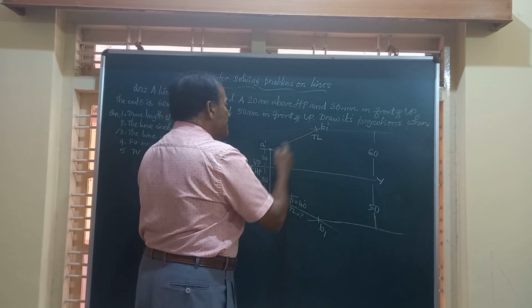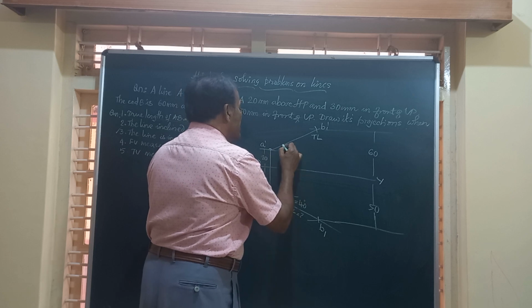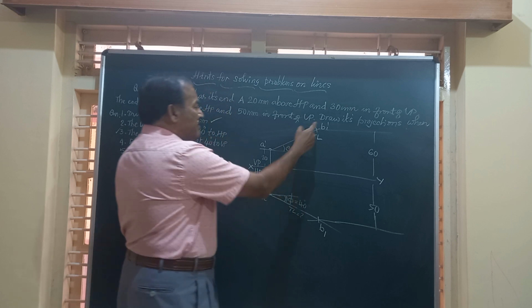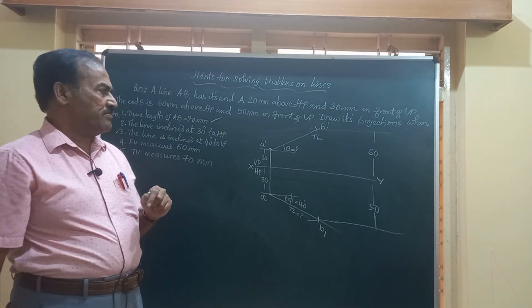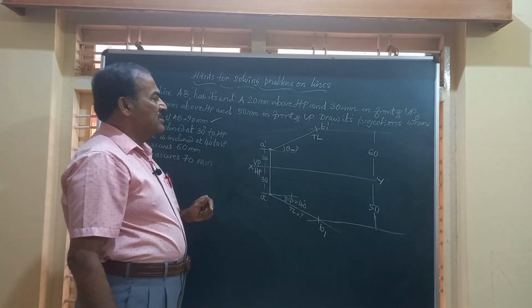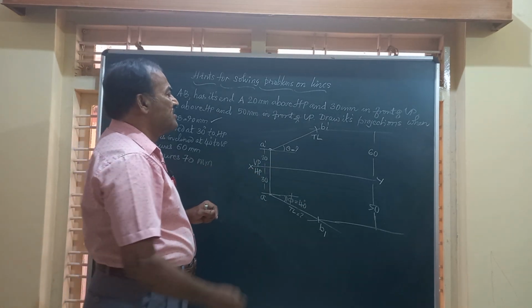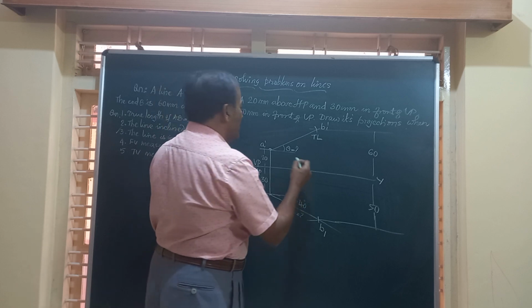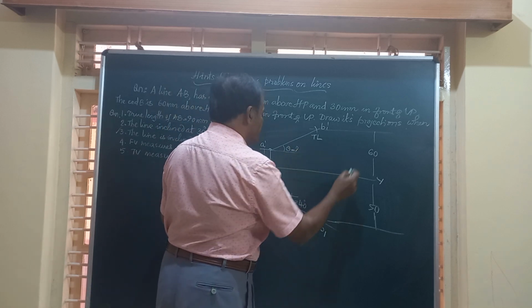And after getting this line, you can easily obtain theta, the angle made by the line with the HP. Friends, with this information, let us see how to obtain the front view A dash B dash and top view AB.